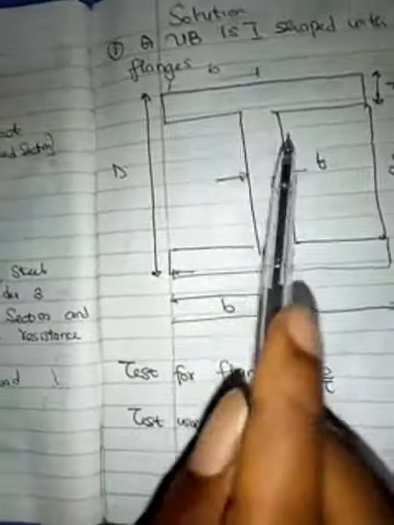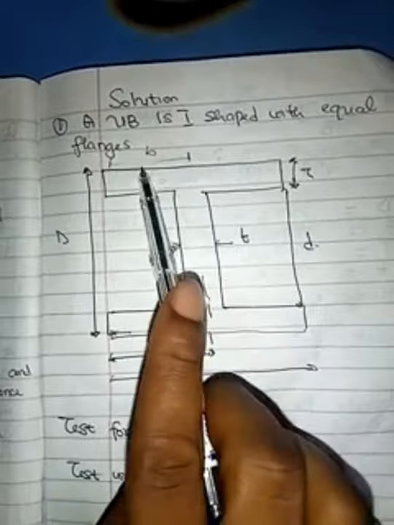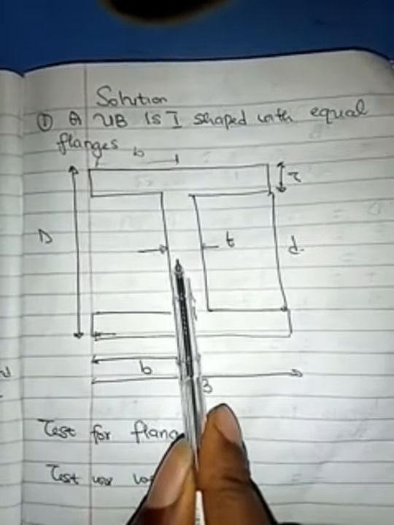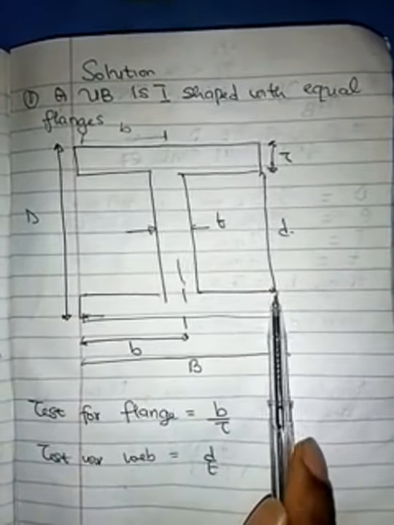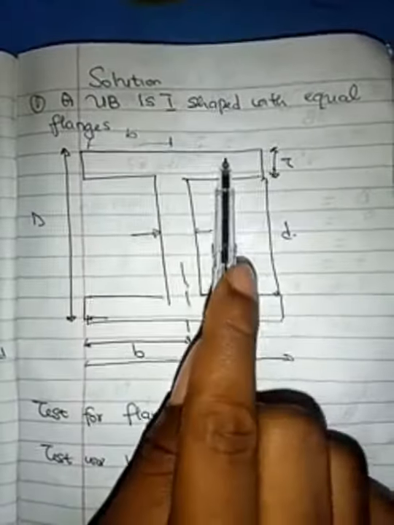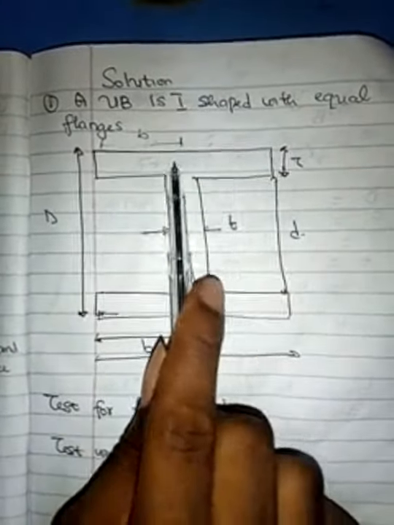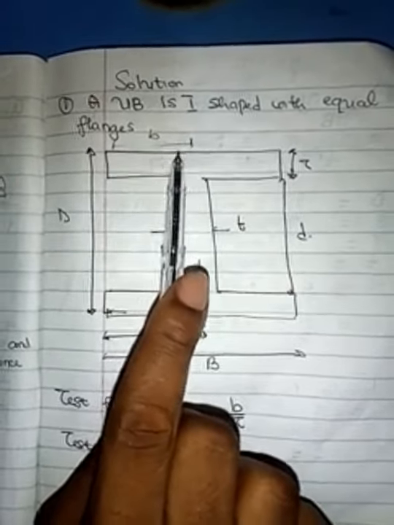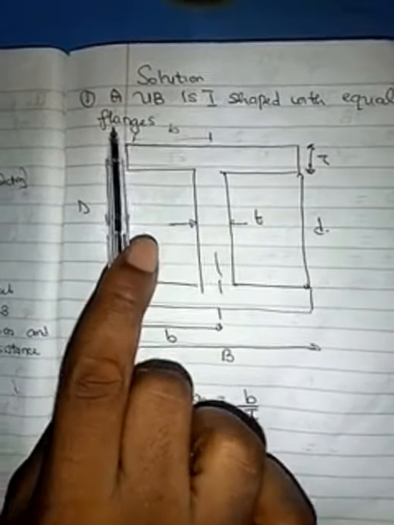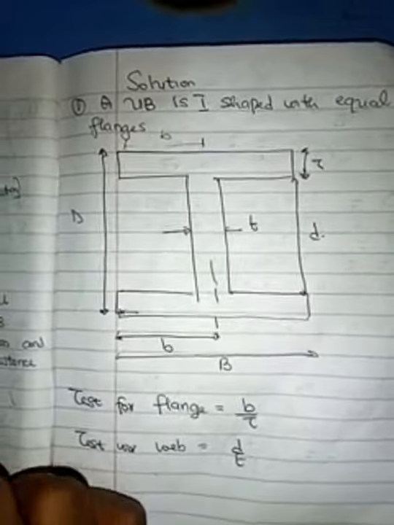So there you have your two flanges and your web here. So the UB is an I-shaped beam with equal flanges. Sometimes these flanges can be unequal, but in this case, this UB is going to be an I-shaped beam with equal flanges. So that's the interpretation of what we have here.